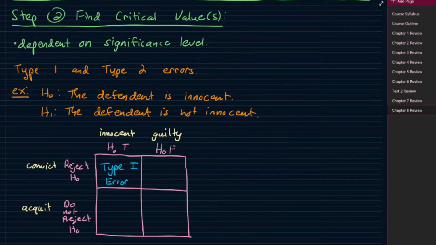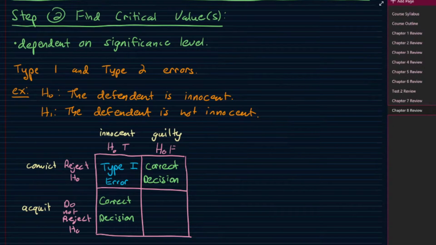However, if they're guilty, so if we look at the top right box, if they're guilty and we convict them, then that's the correct decision. Let's look at the other boxes. The bottom left box, it was an innocent person and we acquitted them. Well, that's also a correct decision.